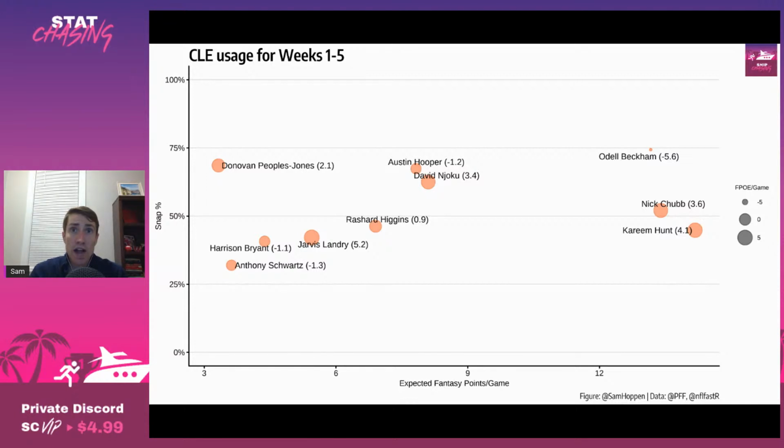He's averaging 1.5 more per game than Chubb because he's basically getting all the passing work between the 2 running backs. In fact, he has 35% of the running back receptions on the season compared to just 18% for Chubb, and Hunt is all the way up at 61%.